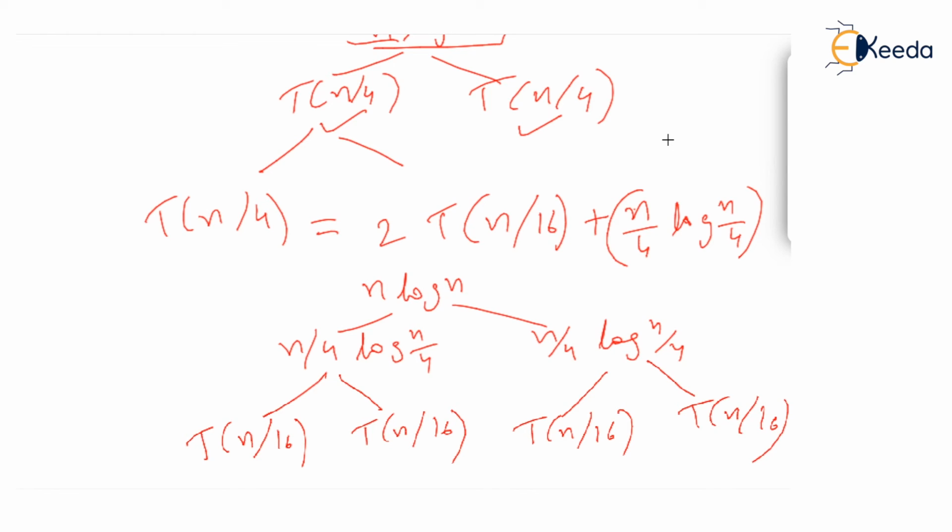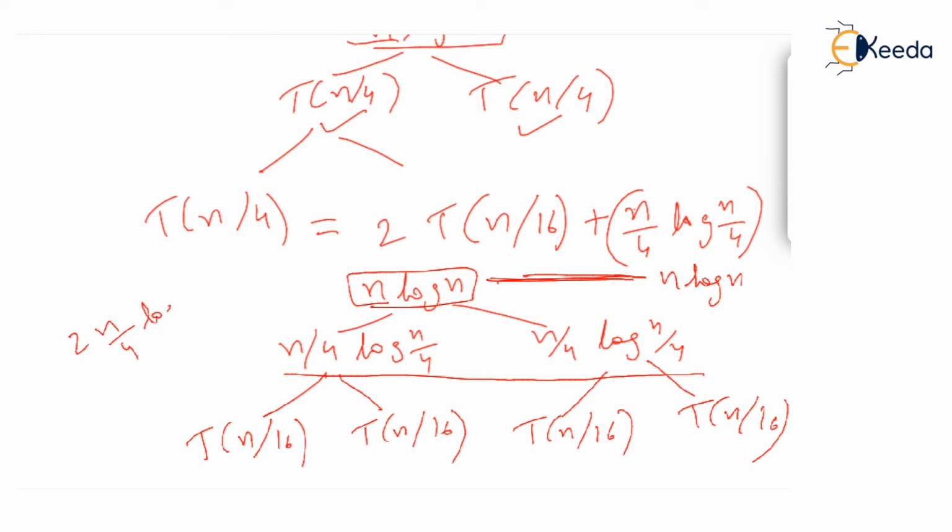Now, the cost of this particular level is n log n. But how are you going to add this? This is going to be n/4 log n/4 plus n/4 log n/4, which will be 2 into n/4 log n/4, and that will be n/2 log n/4.